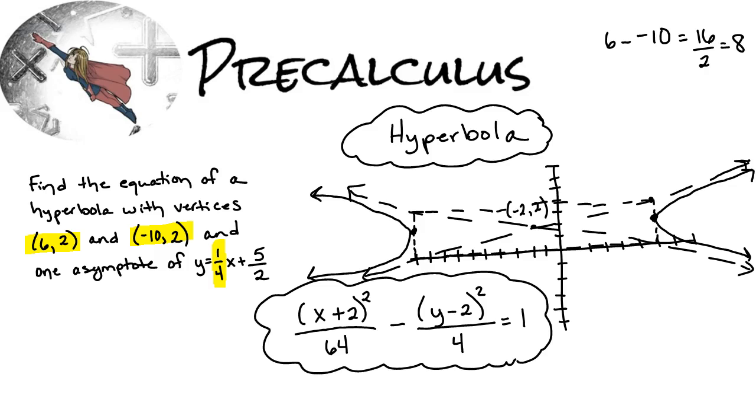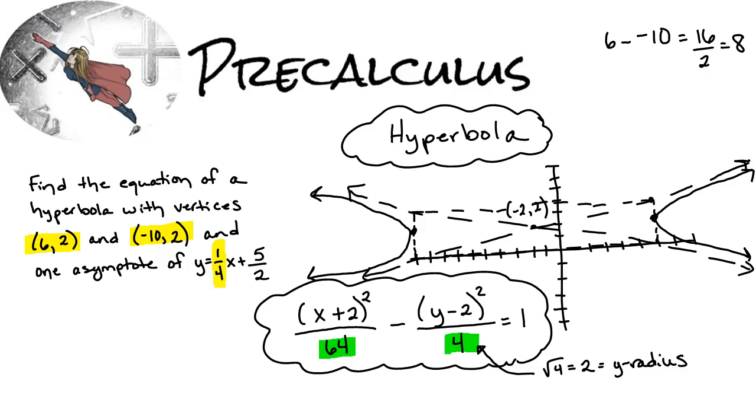One other thing that you could do, if counting the slope was a little bit tricky for you, is if you notice the bottom numbers, the 4 and 64, when you take the square root of those, which would be 2 and 8, that's the radius of the x and y direction. So for example, this 4 that's under the y, the square root of 4, which is 2, is the y radius.